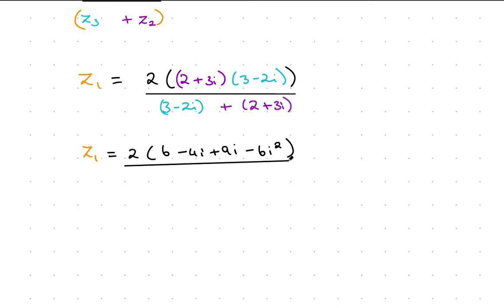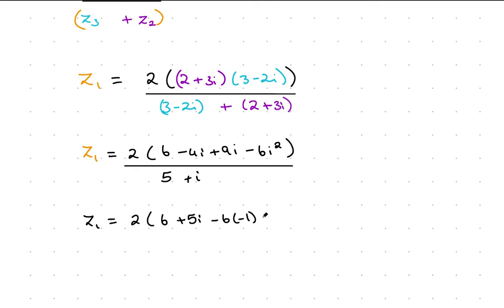On the bottom, if I add them, I'm going to get 5, and I'm going to get plus i. So if we tidy these two out, if I group them together, I'm going to get plus 5i. And then remember, i squared is minus 1. So I'm going to substitute in minus 1 there. And I've got 5 plus i.